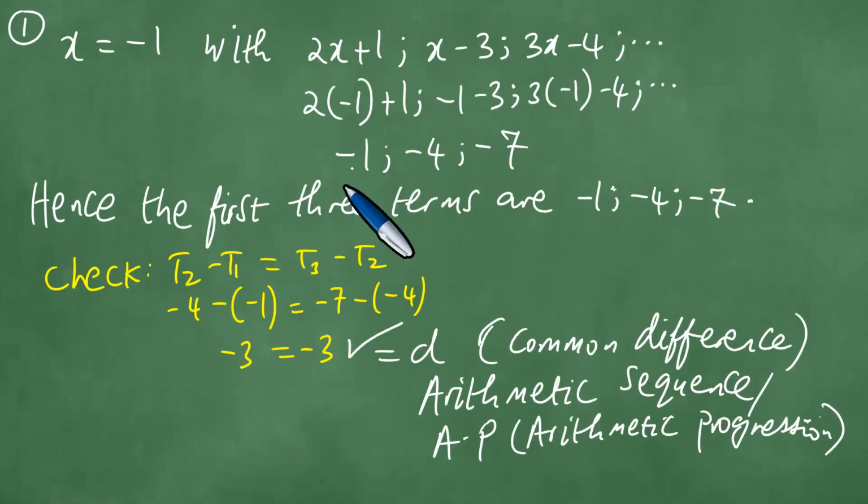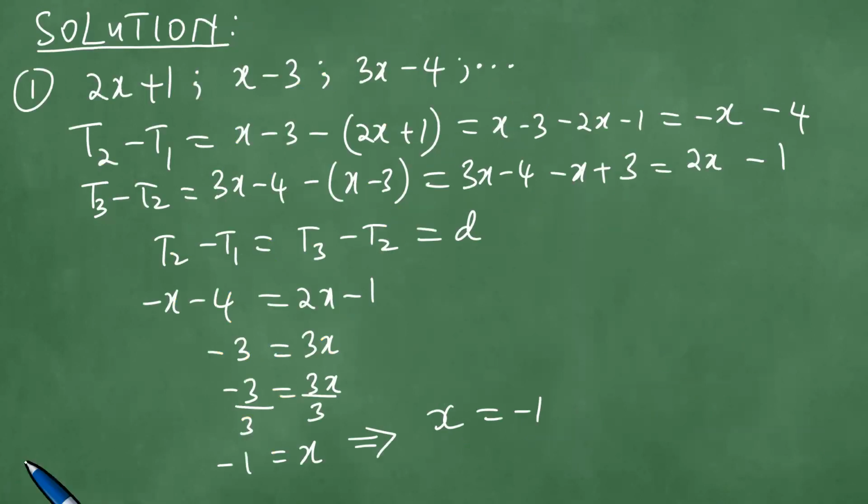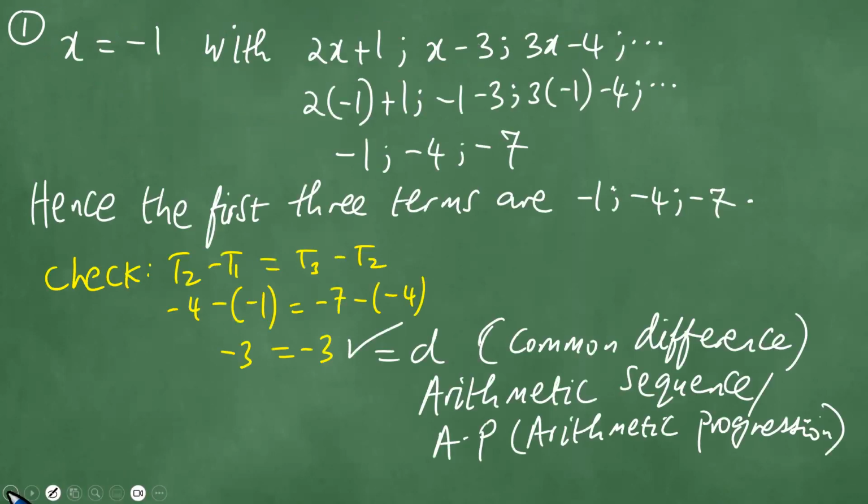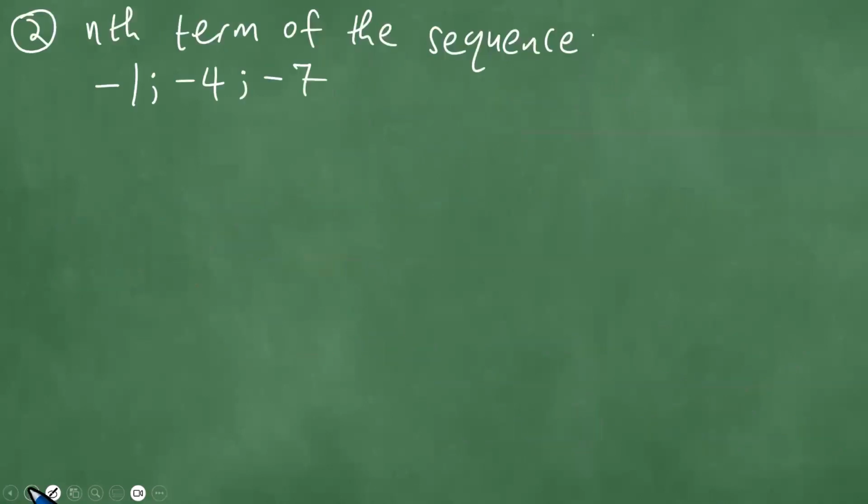What are the terms? We have -1, -4, -7. So now we want the nth term.